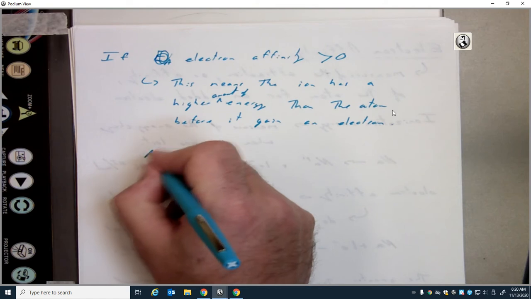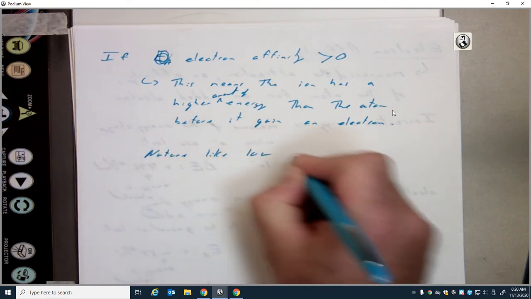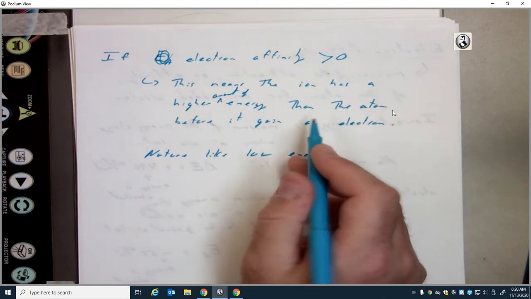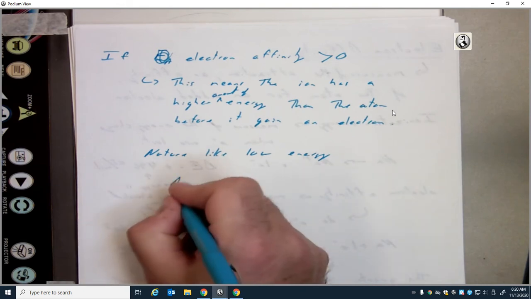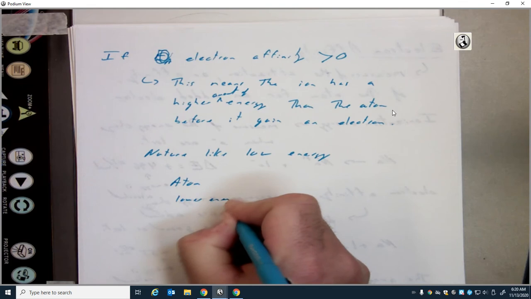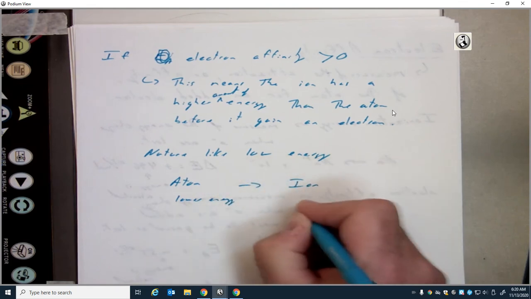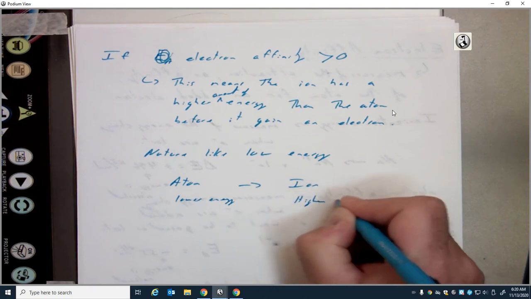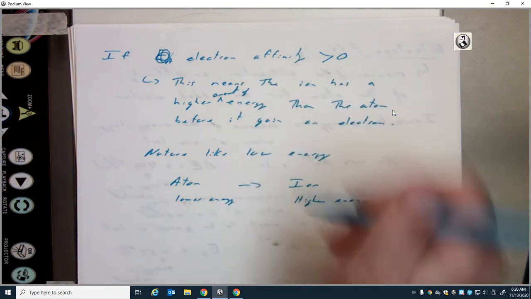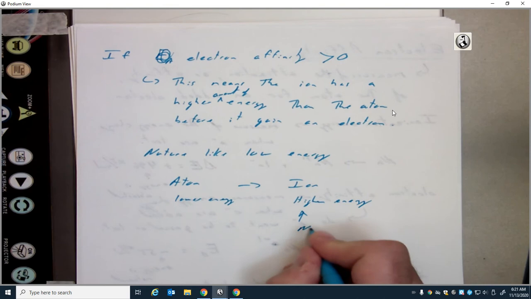Now remember, nature likes low energy. So it wants the one that has the lower energy. So if the atom has lower energy, then when it becomes an ion, which is what the electron affinity is telling us, the ion is not stable.